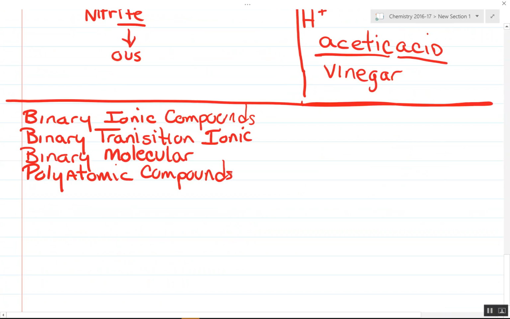All right. Now, I heard Mr. Nick ask, what's a binary ionic compound? These are metal, non-metal combinations. These are transition metals.